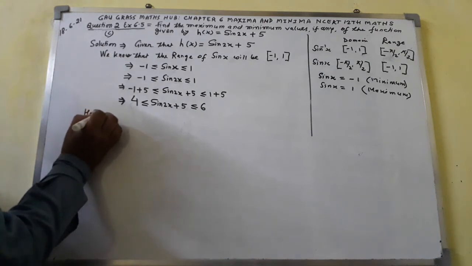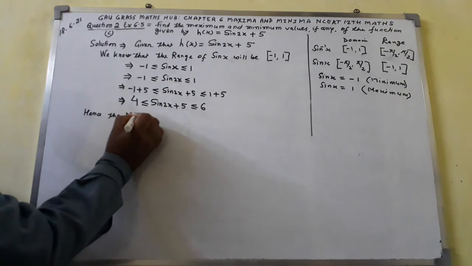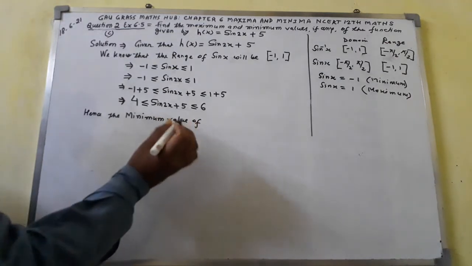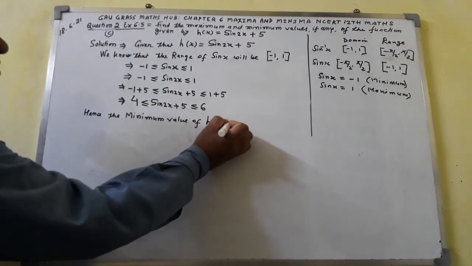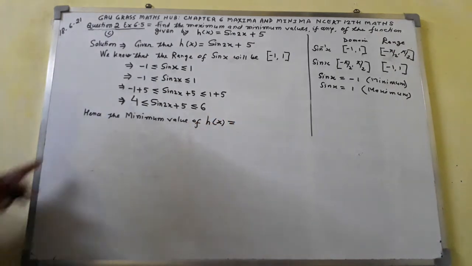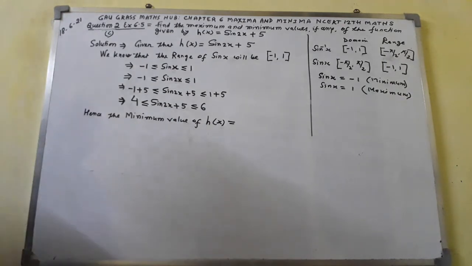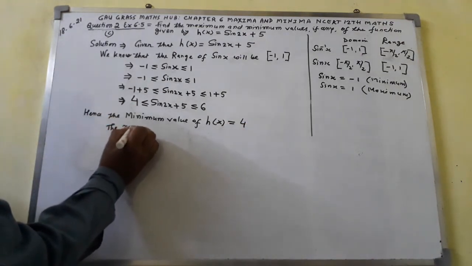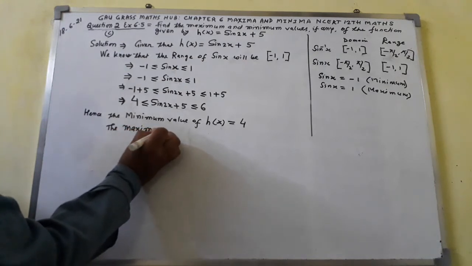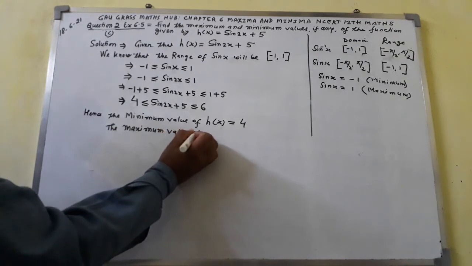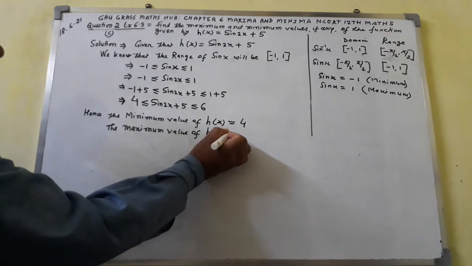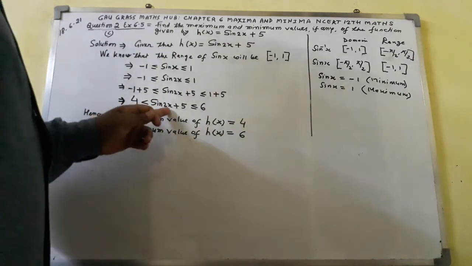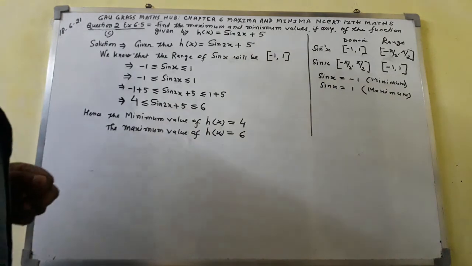Hence the minimum value of h of x equals 4, and the maximum value of h of x equals 6.